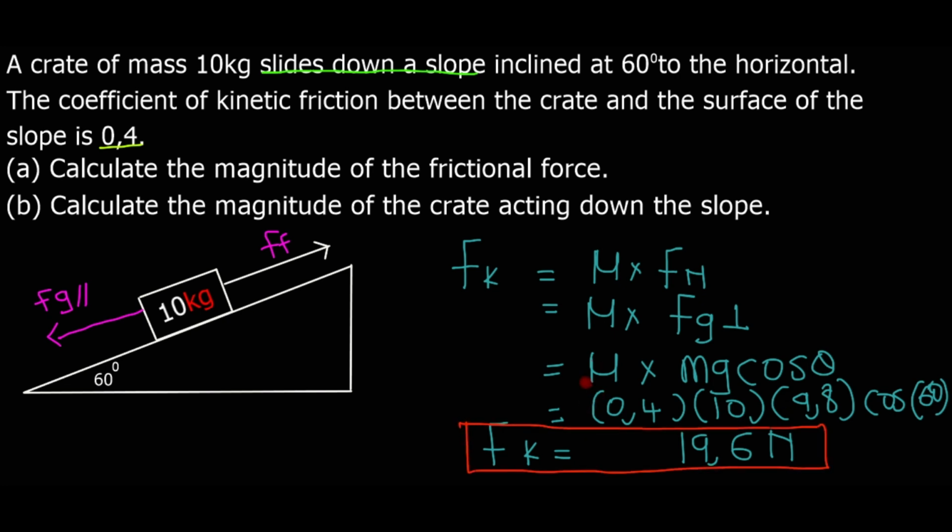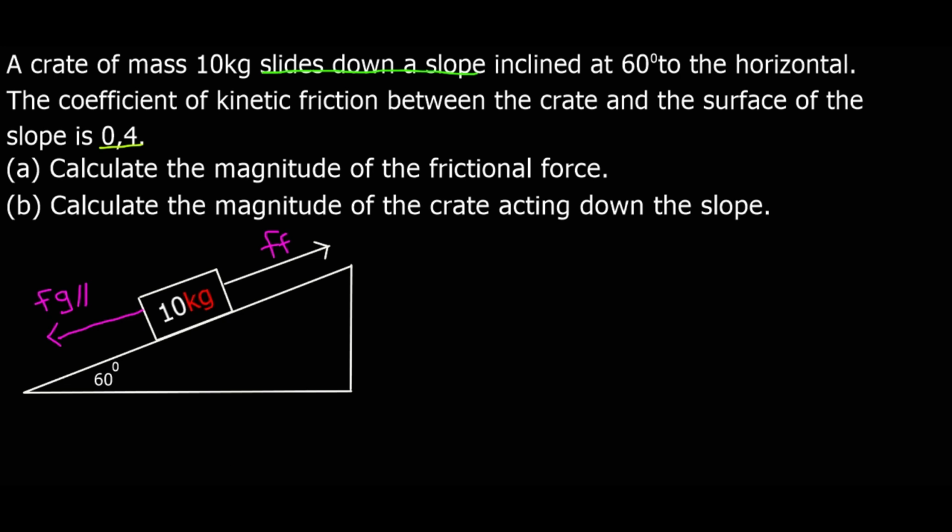So now let's look at part B. Part B: calculate the magnitude of the force on the crate acting down the slope. This force is due to Fg parallel, which is mg sin theta.